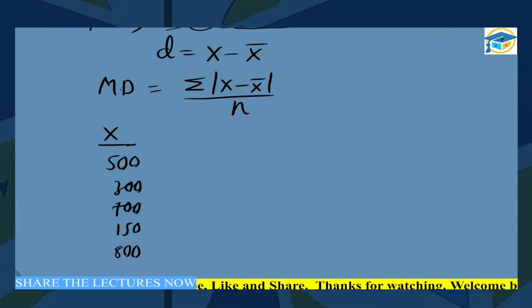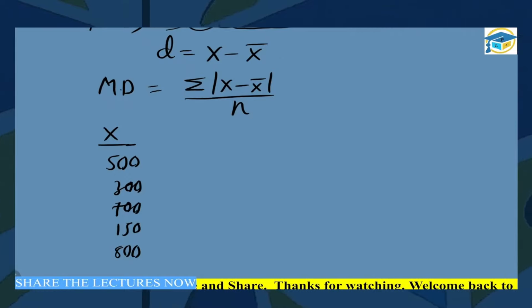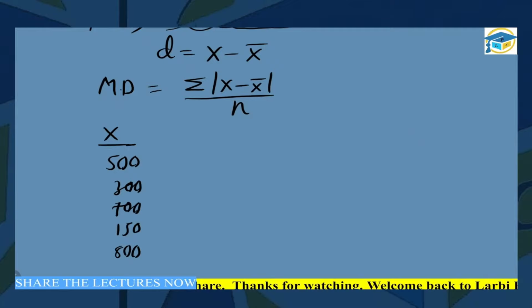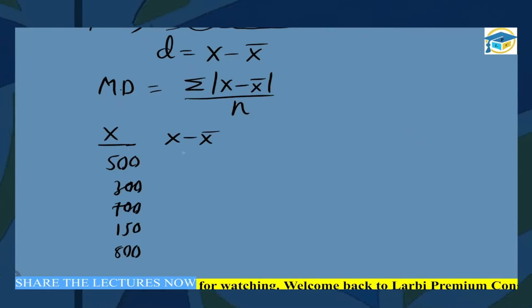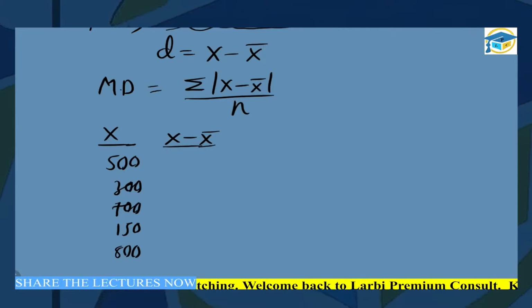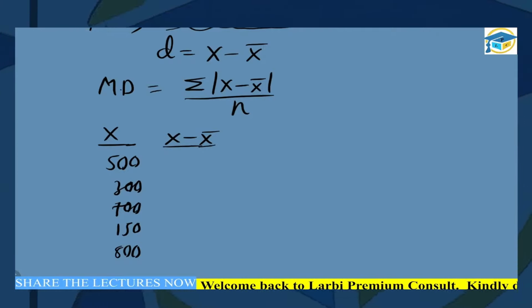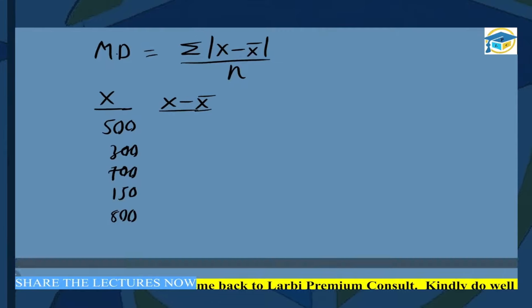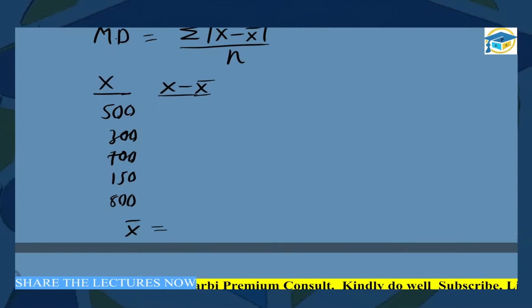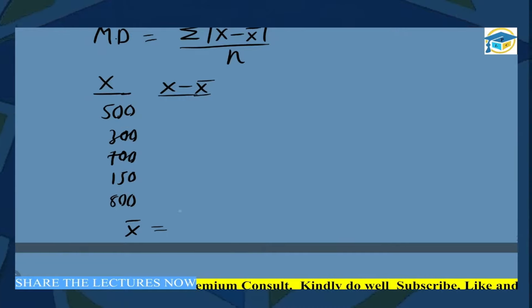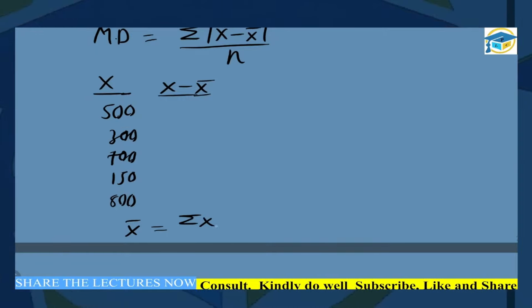Once you get these data values, we have to calculate the mean deviation of these values. We will also need to calculate our deviation, which is X minus X bar. Before we can calculate X minus X bar, we need to know the mean. What will be the mean for this data? The mean is always the summation of the X values divided by the number under consideration.